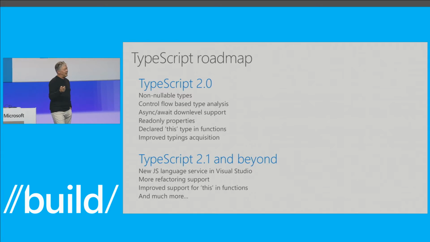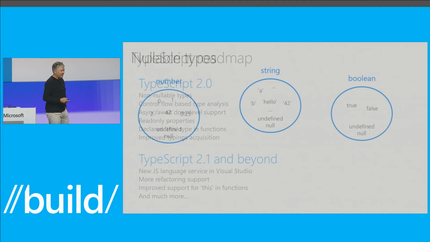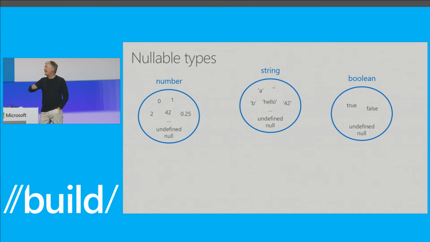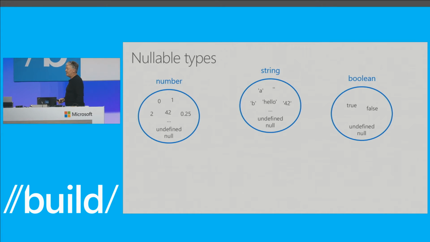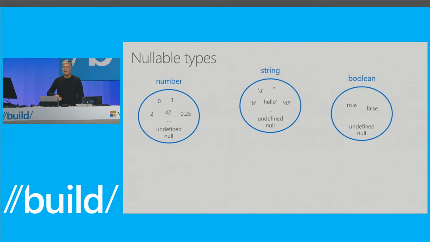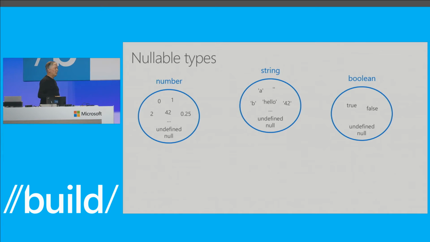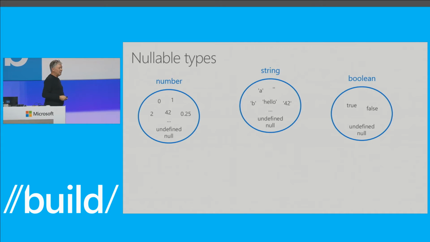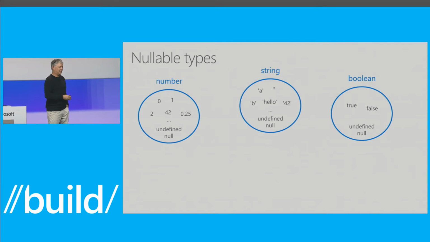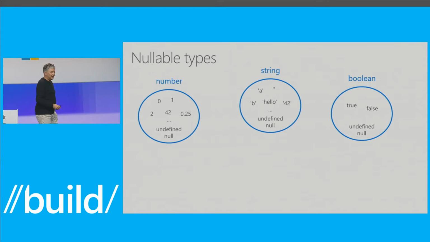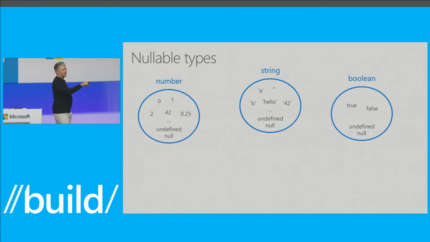In fact, I'm going to spend a little bit of time on the non-nullable type. And I have a couple of little slides here just to give you some elementary type theory. This is how TypeScript views the world today. We have primitive types built in for JavaScript that are number and string and Boolean. And in those types, these circles are all the possible values of the type, right?